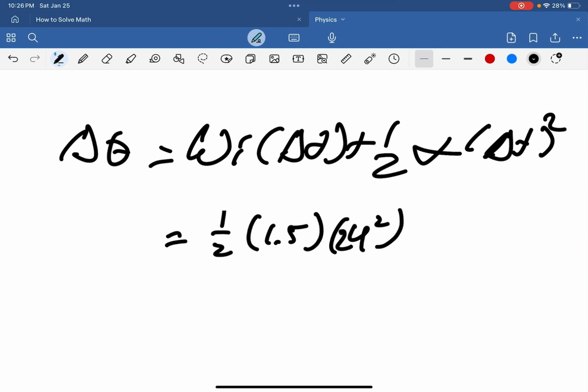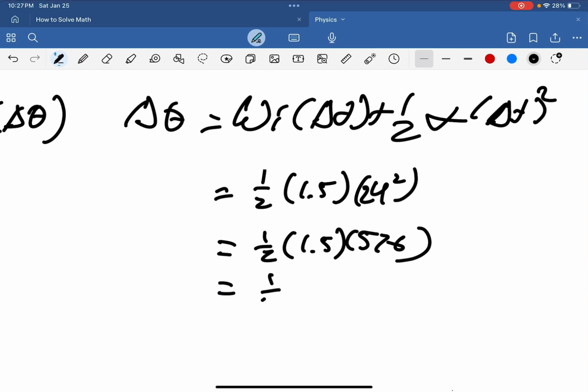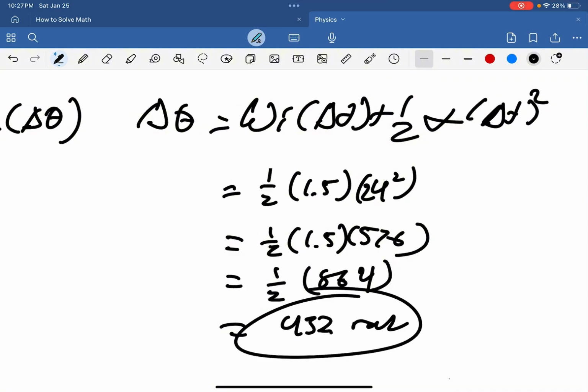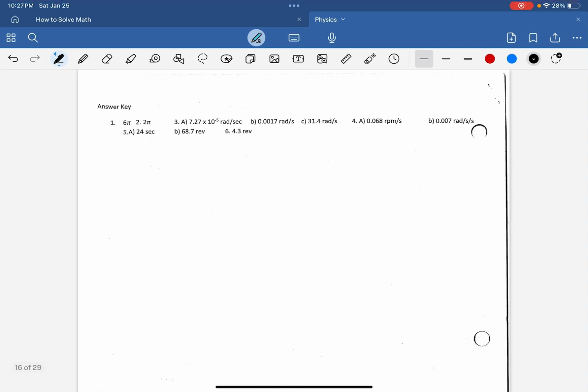So 24 squared is 576 times 1.5 is 864. Divide this by 2 is 432. So 1/2 times 1.5 times 576, 1/2 times 864, which is equal to 432 radians. See, both will give you the exact same number.